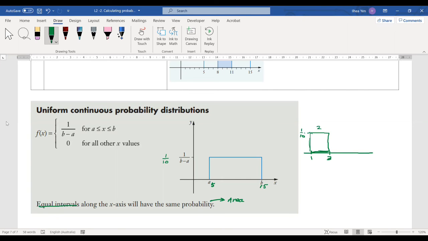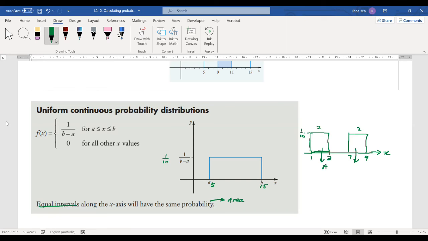It will be the same as if I draw 7 to 9, which is still 2. So equal intervals, equal width, or if you like, equal base, along the x-axis will have the same probability, because the area here is the same as this area.